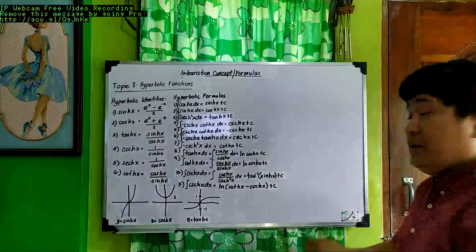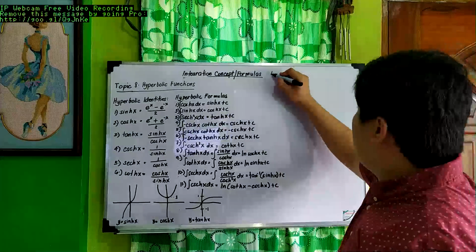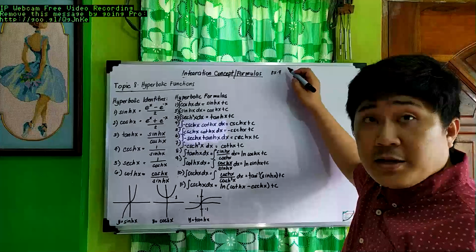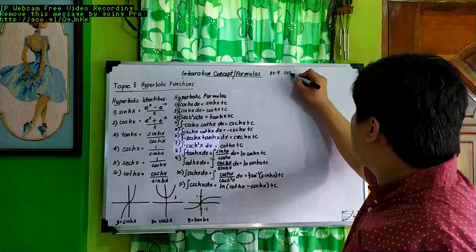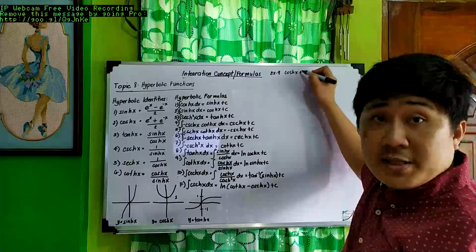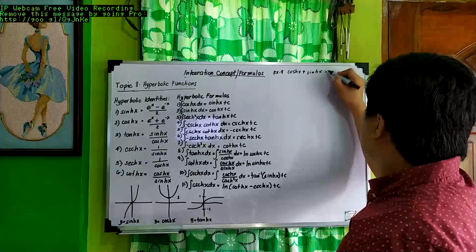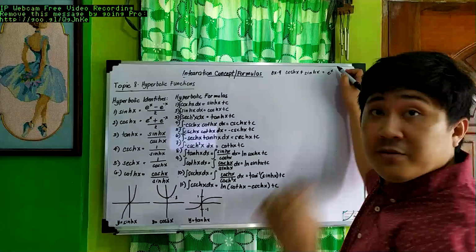And let's try to show another example. It's our example number 4 for identity. Let's try cosine hyperbolic x plus sine hyperbolic x is equal to e raised to the power of x.